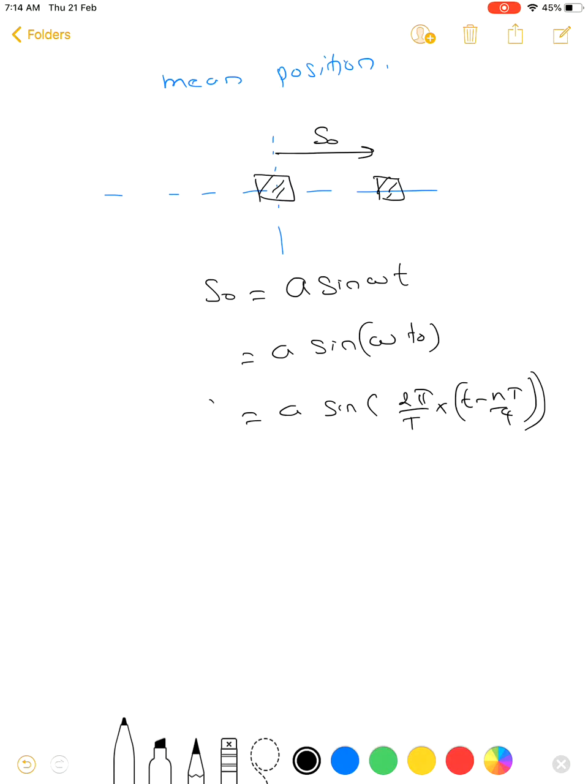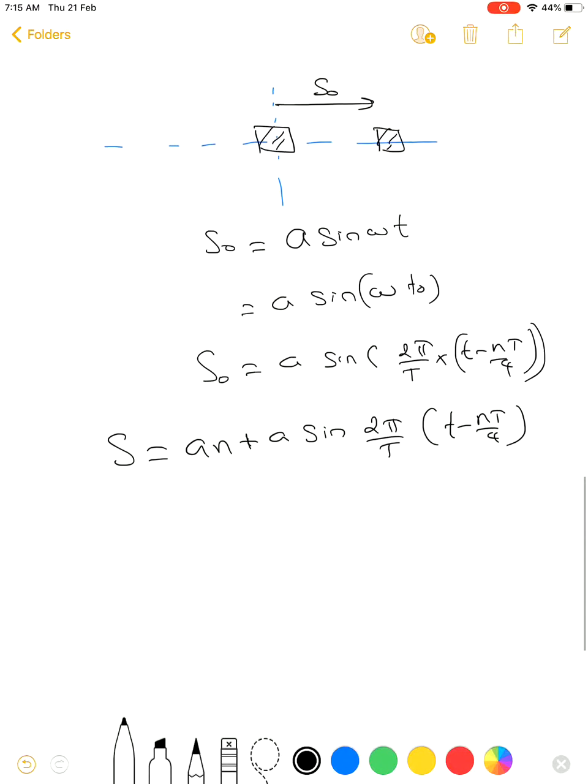So we got the value of S naught, and the total displacement is n times a, the amplitude of oscillation, plus a into sine 2 pi by T into t minus n T divided by 4.